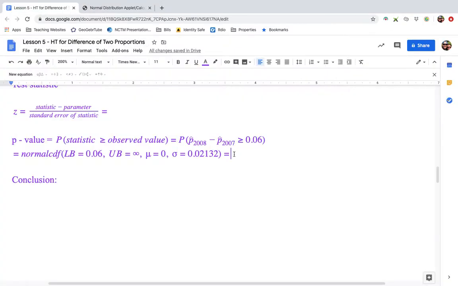So this p-value is 0.00244. This is the probability that we observe a statistic of 0.06 or more if we expect the proportions to be equal. So this is a super small probability. Our p-value is part of our conclusion.